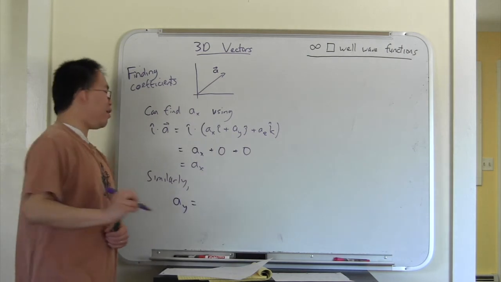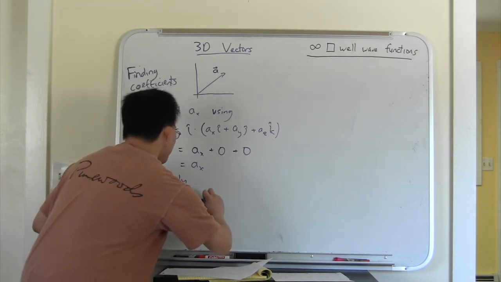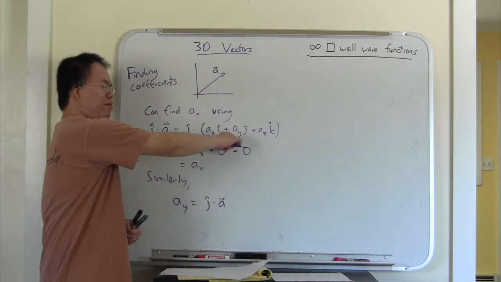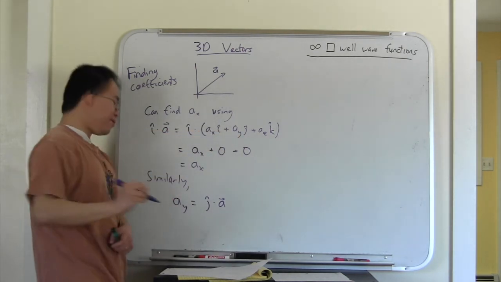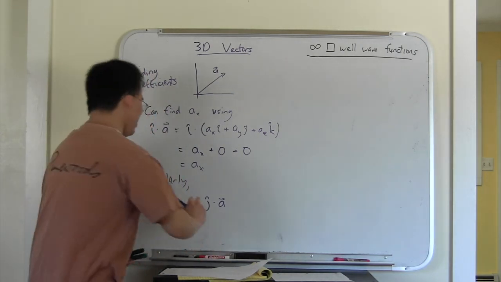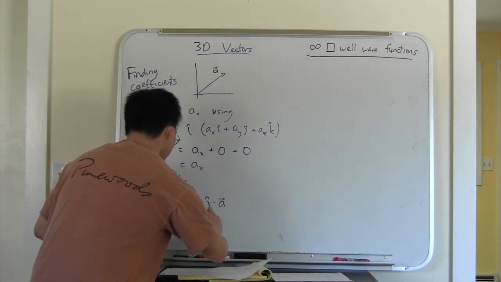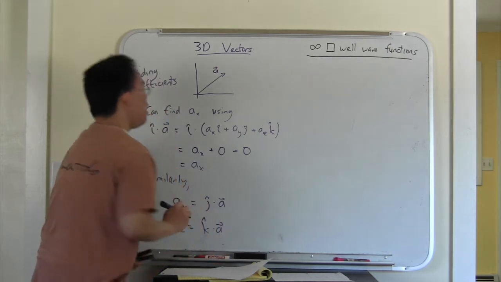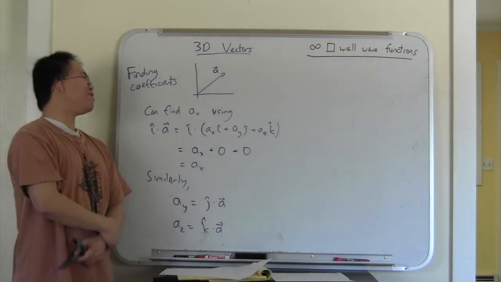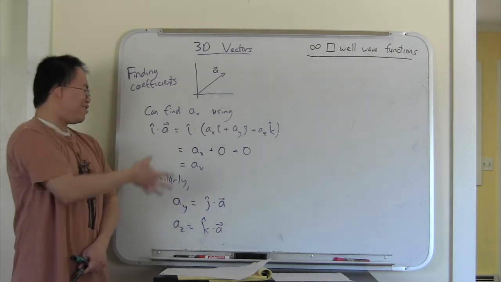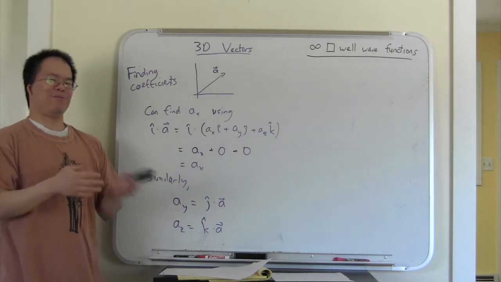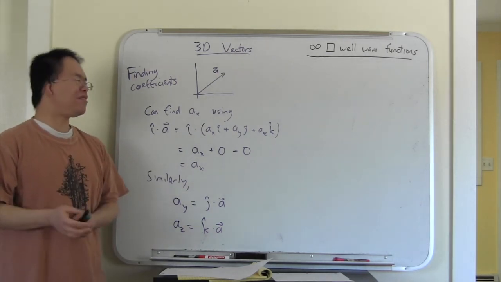You can convince yourself that j hat dot A will pick out my y component here, and similarly for the z component, A sub z equals k hat dot A. Now for vectors in 3D, this is not so hard to see because the orthogonality is kind of obvious.